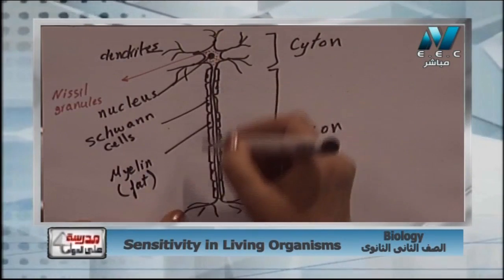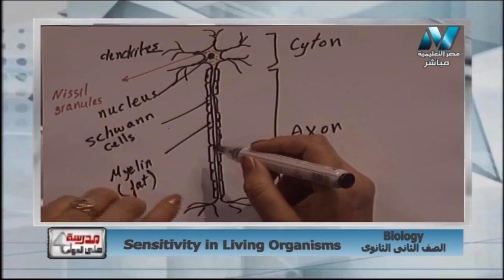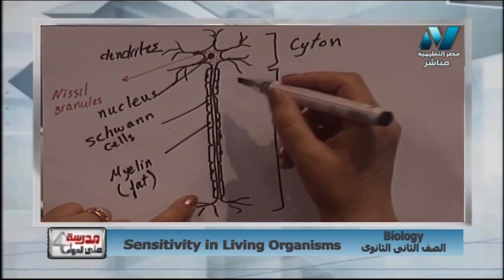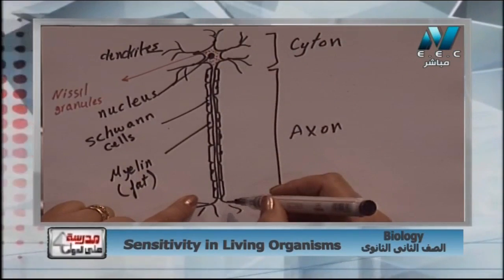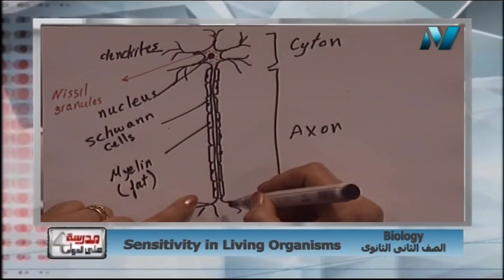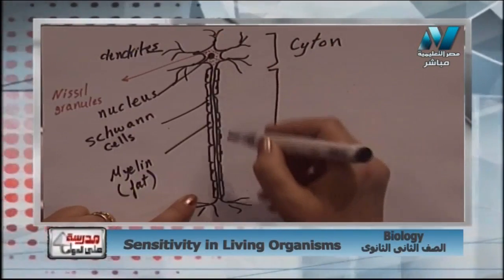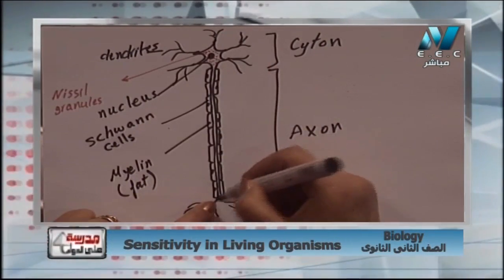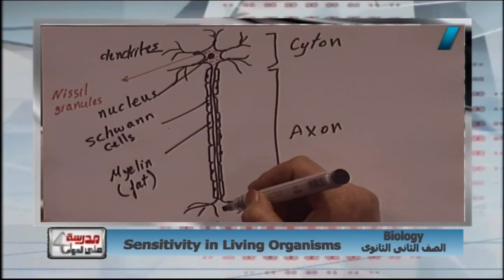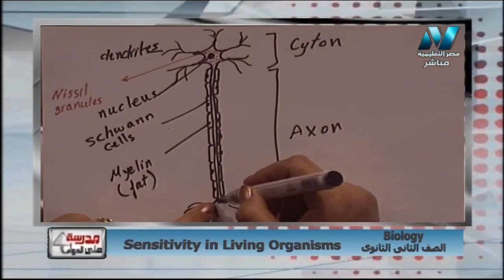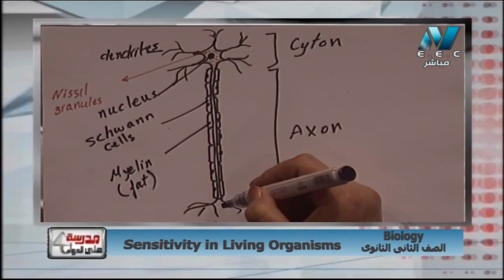And the fatty layer is very important because when it is present, the speed of transmission of impulse across this axon, or this fiber, sometimes we call it the nerve fiber, is much greater than the speed when the axon is non-myelinated.